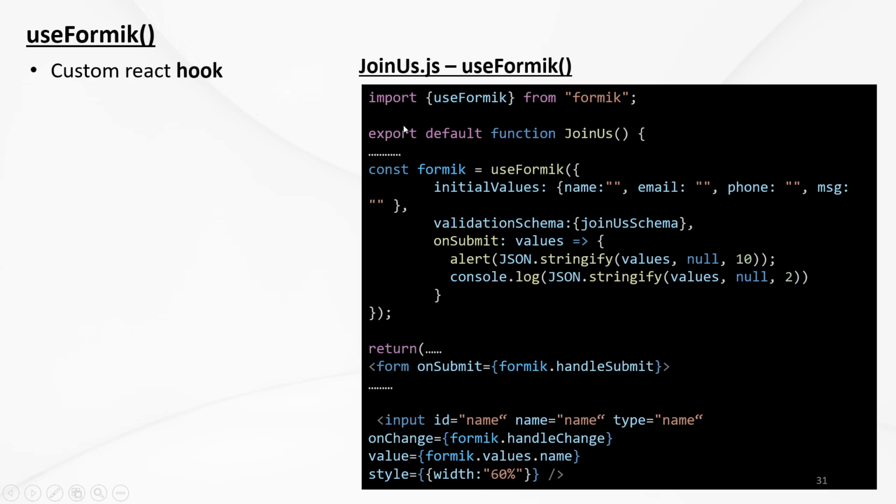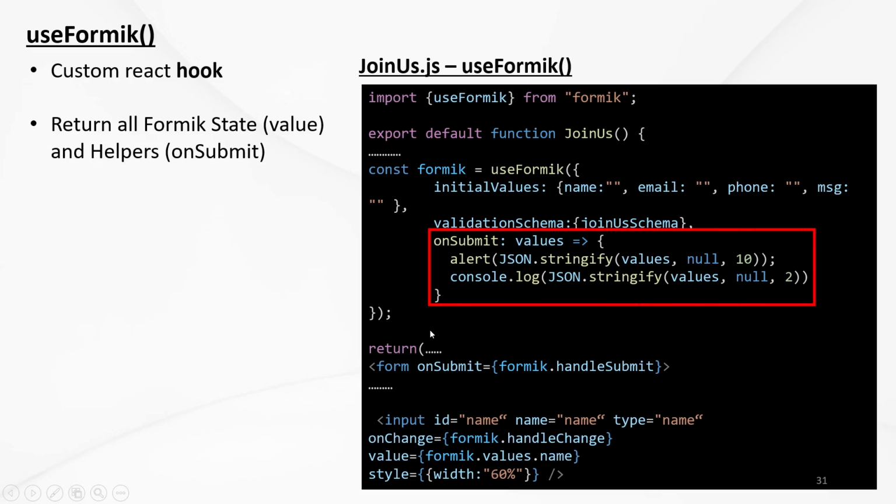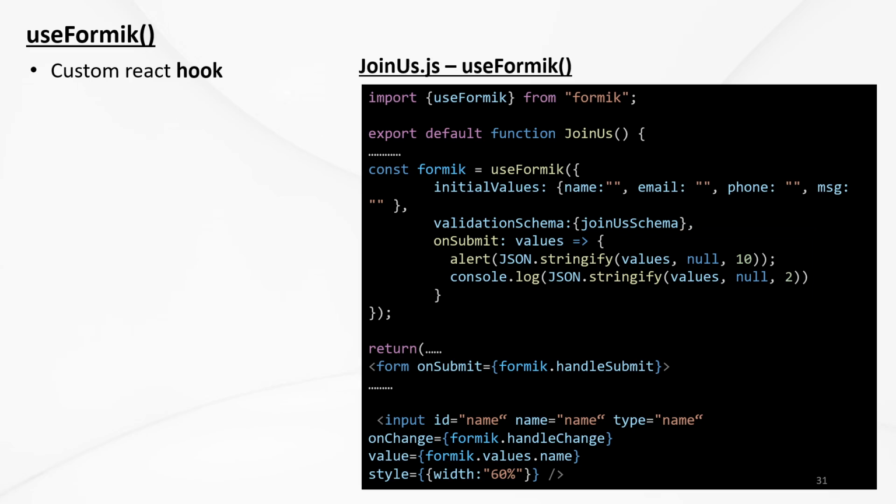So the code is on the right. So as you can see, this useFormik hook is actually the default method to start with, because the tutorial in the official documentation use it. So as I mentioned, this is a custom React hook, and when we use it, we have to remember to import the useFormik function from the Formik module.